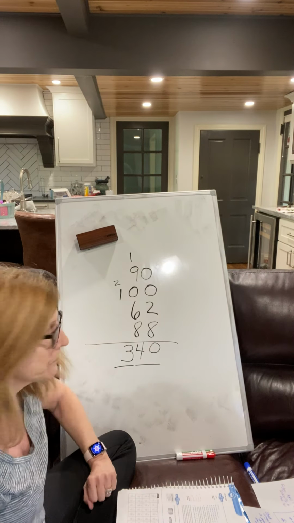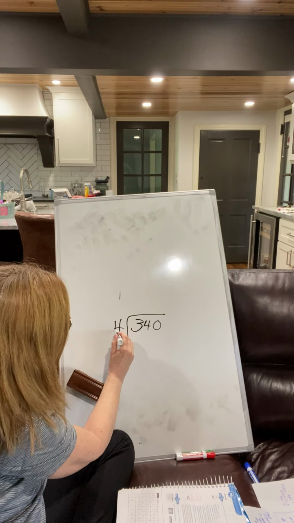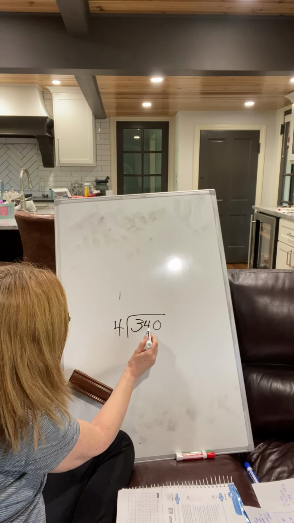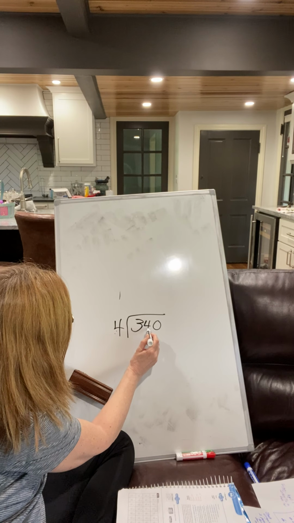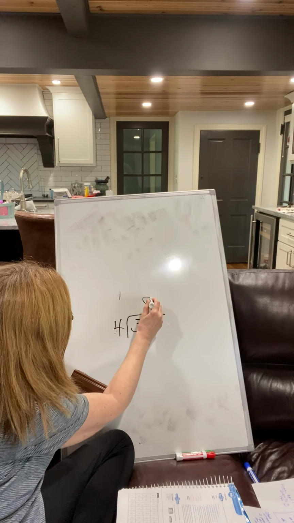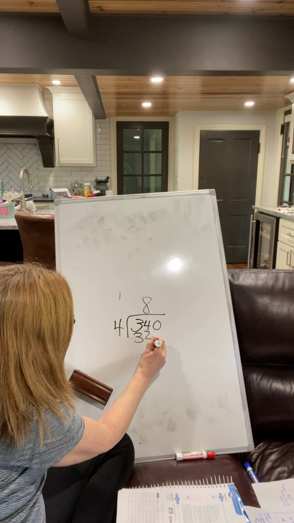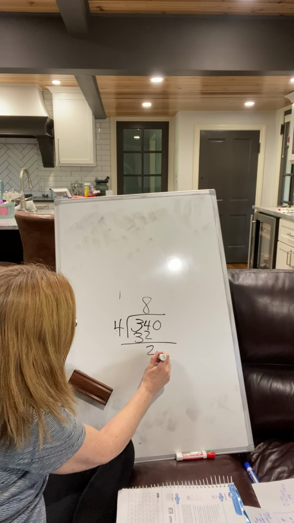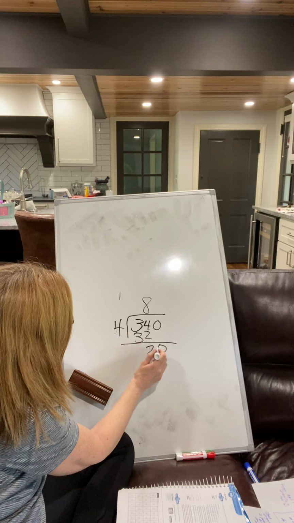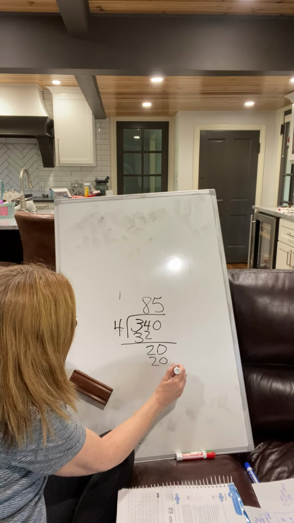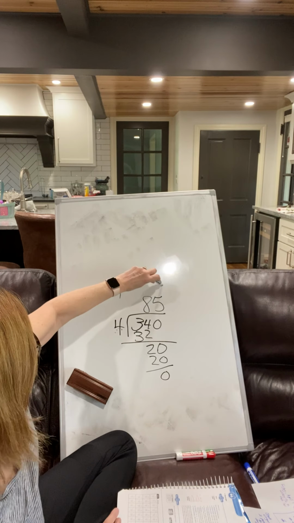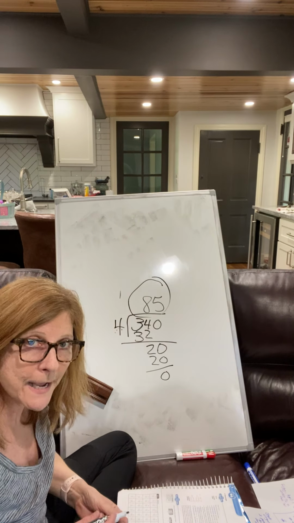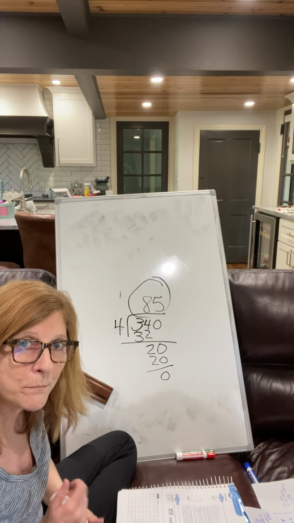So if I divide 340 by 4, 3 can't divide by 4, but 34 can divide by 4. I can divide that 8 ways. 8 times 4 is 32. Bring down my 0. 20 divided by 4 is 5. So the grade you would get for math is 85. That's your average grade that you made on your tests.